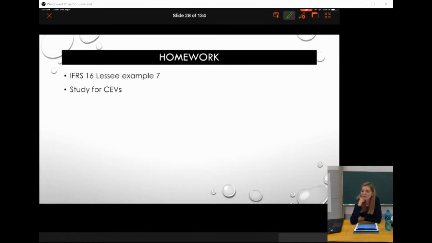Okay, let's see. More questions. Is the maintenance the same even if the practical expedient is applied? So the practical expedient, okay.